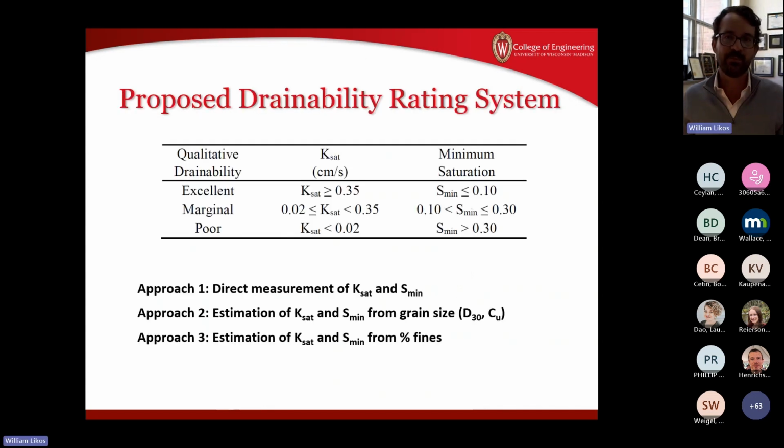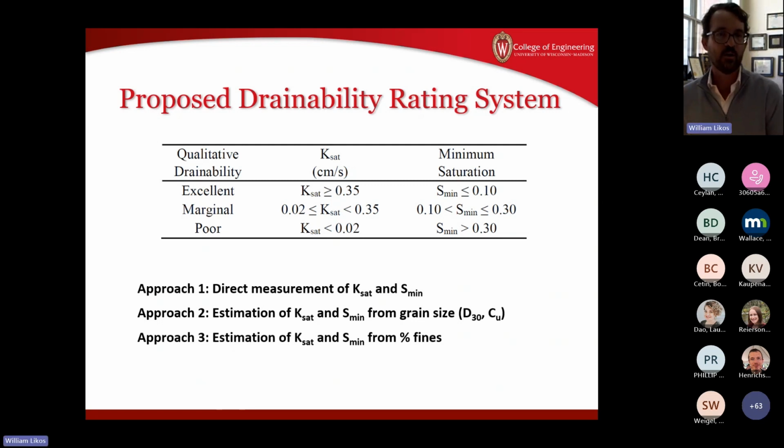With regard to the drainability rating system, again, the idea here is to say, can we use saturated hydraulic conductivity and minimum saturation to qualify a material as an excellent draining material, marginal draining material, or poorly draining material? To do that, we need to set bounds on both saturated hydraulic conductivity and minimum saturation, which is the other parameter that we chose for this rating system, because minimum saturation captures the saltwater characteristic curve.